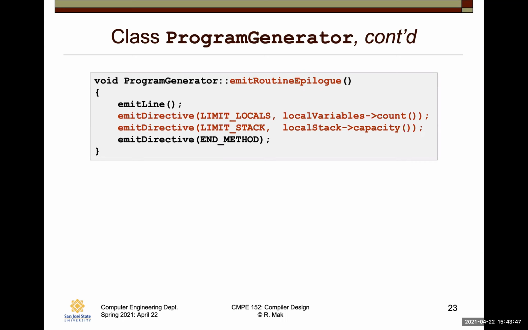Now, making calls to a procedure or function. Remember, in order to call a procedure or a function, you first have to evaluate the arguments of the function and leave their values on top of the operand stack. Then you emit Jasmine code to evaluate each of the arguments. An argument is some sort of expression.